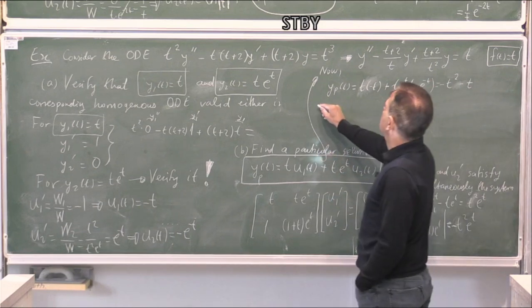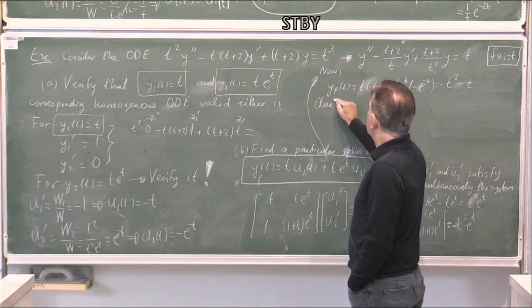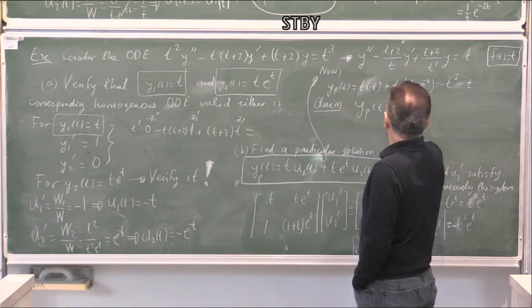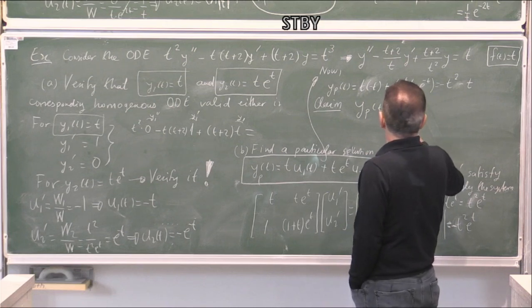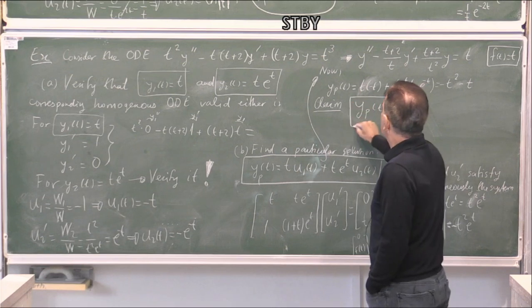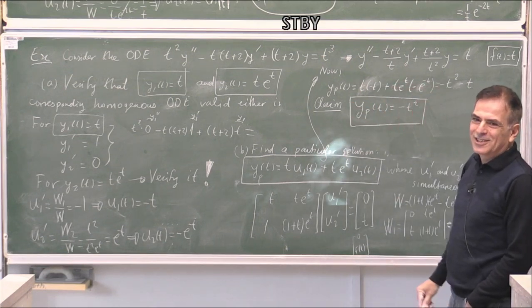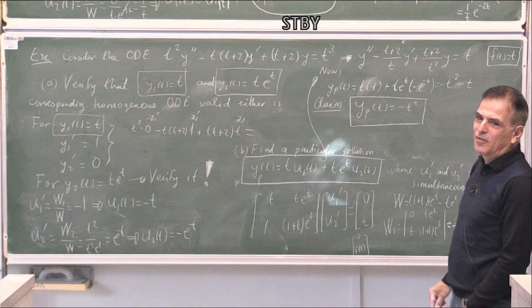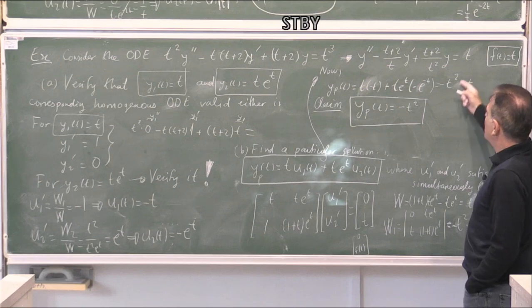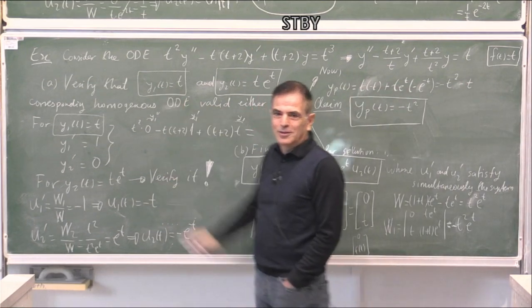And I suggest that a particular solution is minus t squared, which is the simplest or simpler form. Why? Because the other term may be incorporated with the homogeneous solution.